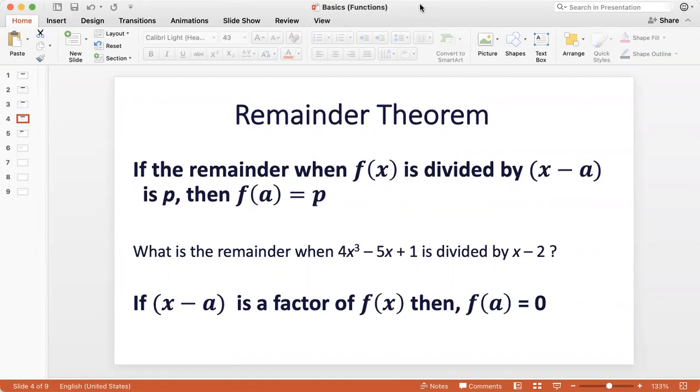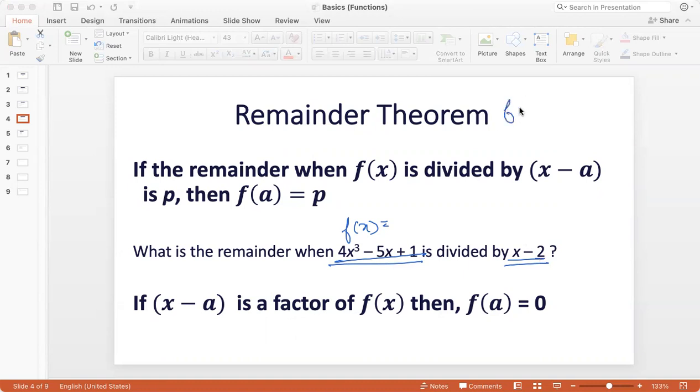So let's say I have a function f of x is equal to 4x cubed minus 5x plus 1. And what will be the remainder when this is divided by x minus 2? That will be the value of the function when x is 2.